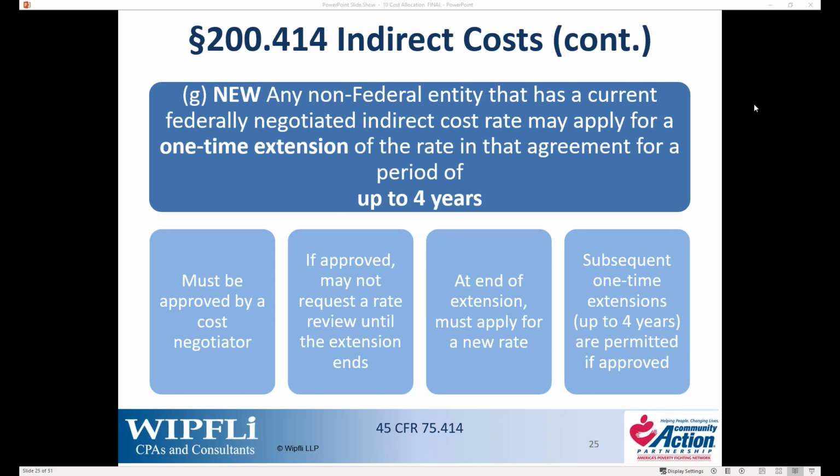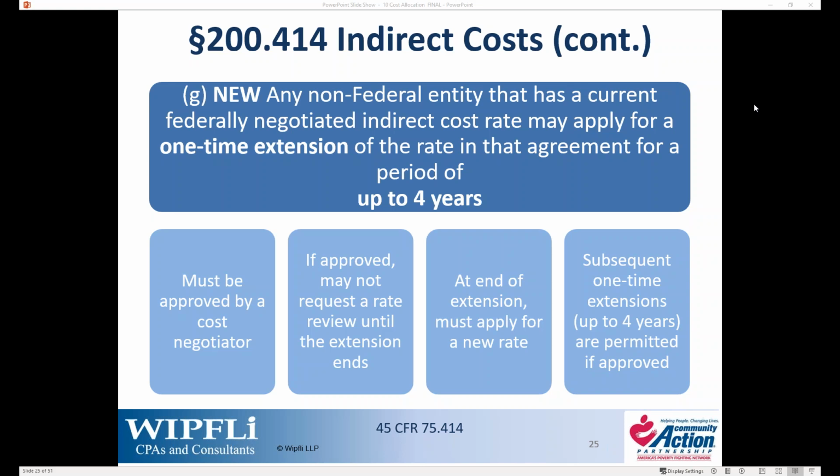Now, another thing new with the uniform guidance, for those that have indirect cost rates, is that you can apply for a one-time extension to lock in your rate for 4 years. So you don't have to go through the process of getting your indirect cost rate approved every year. Things to keep in mind: it has to be approved by a cost negotiator. If approved, you cannot request a rate review until that 4 years is up.